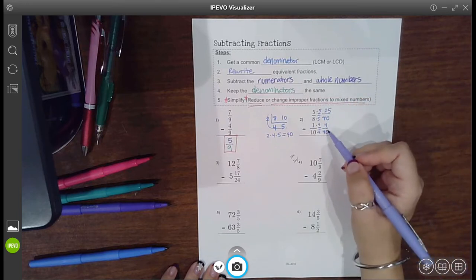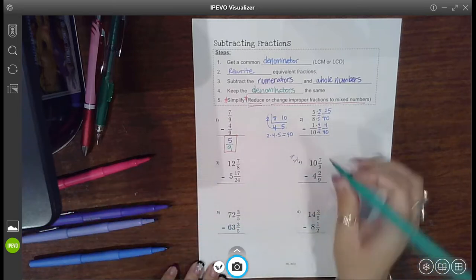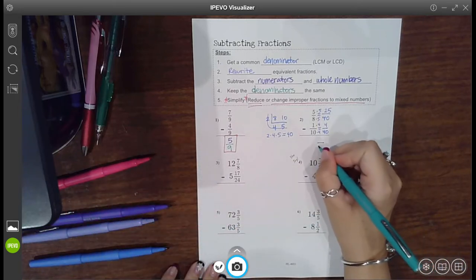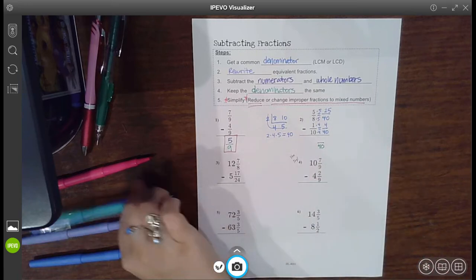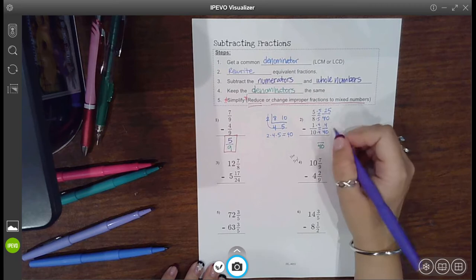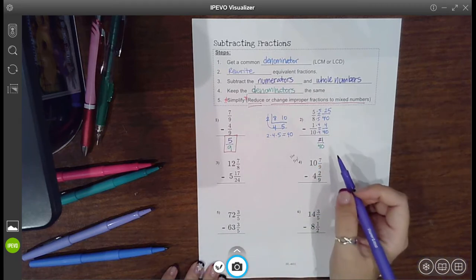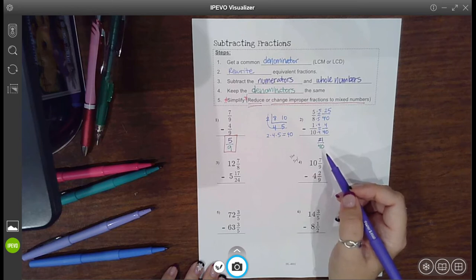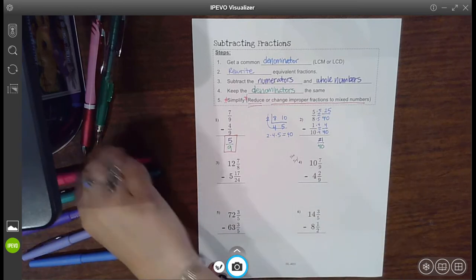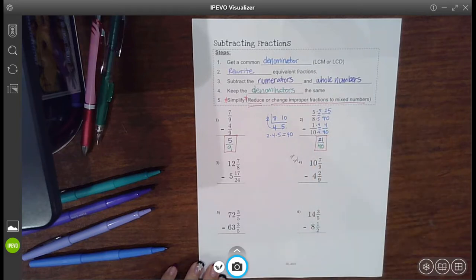Now that you have equivalent fractions to your originals, I keep my denominator the same. My denominator was 40. It's going to stay 40. And I'm going to subtract my two numerators. 25 minus 4 is 21. Can I reduce that? No, nothing can go into both. Is it improper? No, so I can just keep it as is because it's proper.